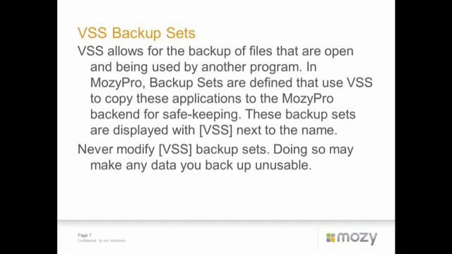Now, there's a danger here. With these VSS backup sets, especially when dealing with Microsoft Exchange, they're fairly complex. They're rule sets that back up all of the important files that are required for those applications to be able to run if you need to go back in time and grab an older version of that data.